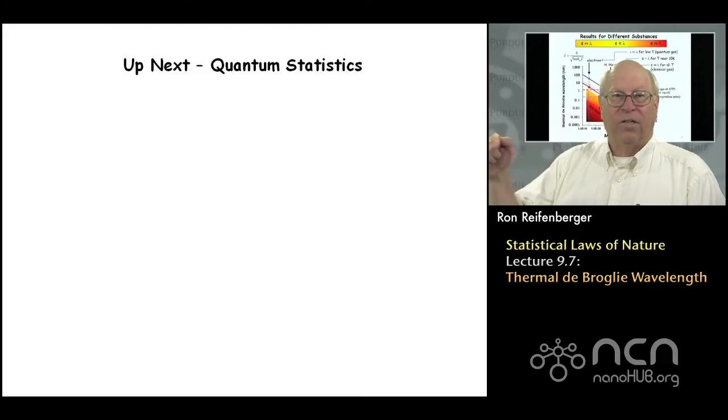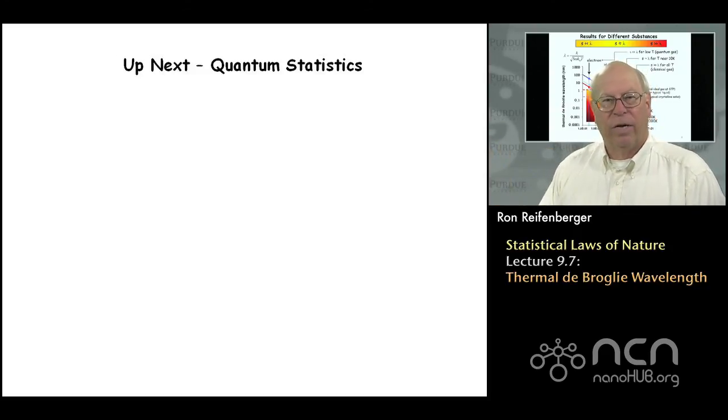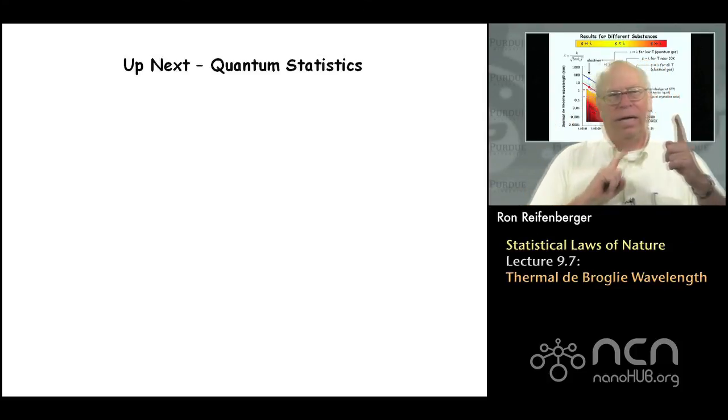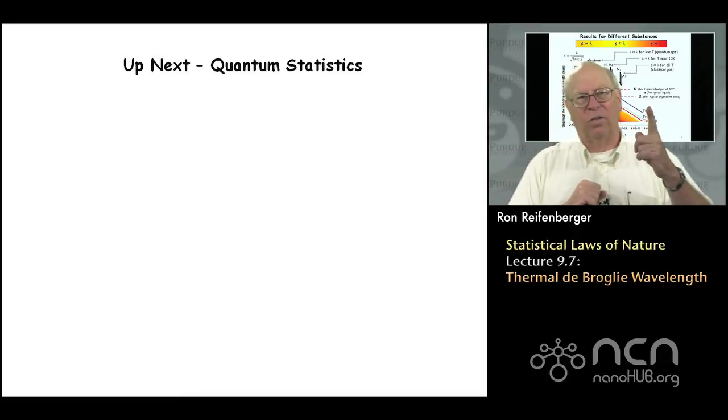So the last lecture in the statistical physics part of this course is coming up next. And in that lecture, we're actually going to tie together a lot of loose ends. And we're going to tell you what the actual distribution of particles is for a quantum system. We're going to consider two cases. One case is for particles described by integer spin.